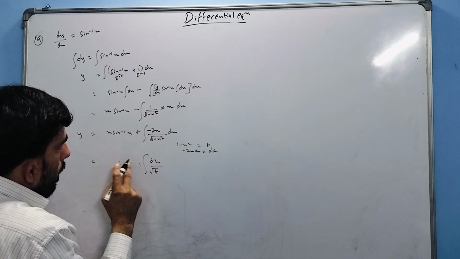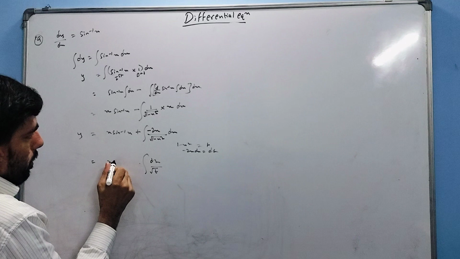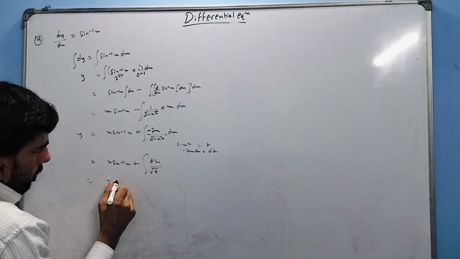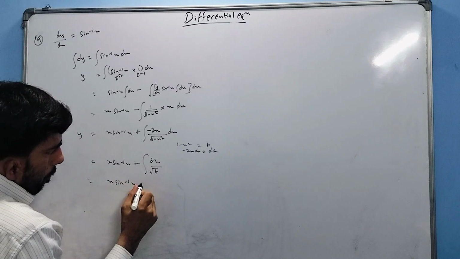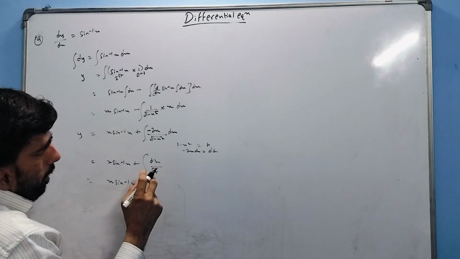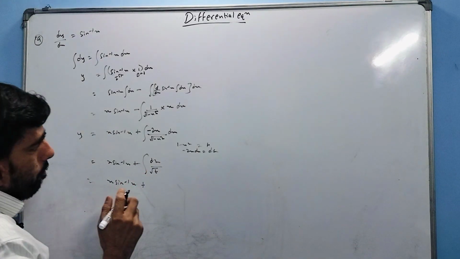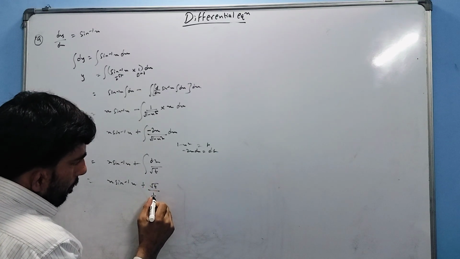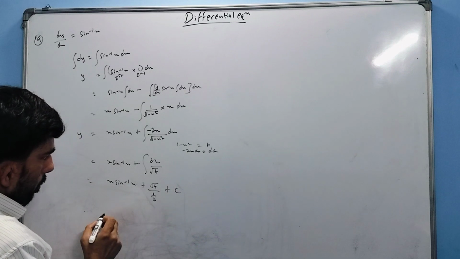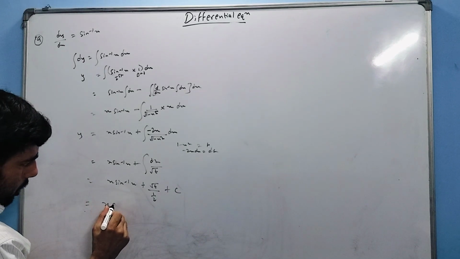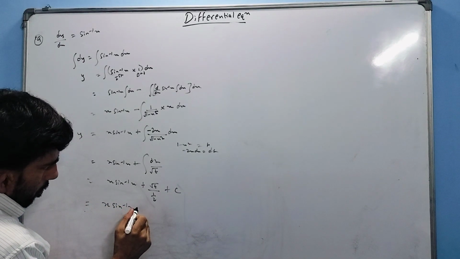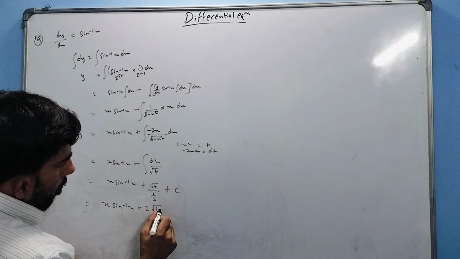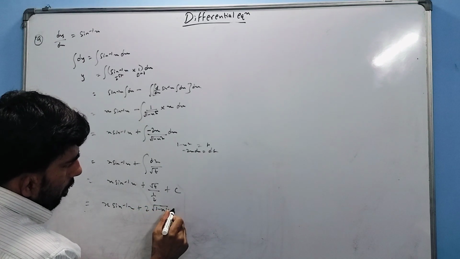Okay, so now I have x sine inverse x plus root t. So we'll have minus half, so it will have root t upon half plus c. So now I can put here x sine inverse x plus 2 root t. What is t? 1 minus x square, plus c.